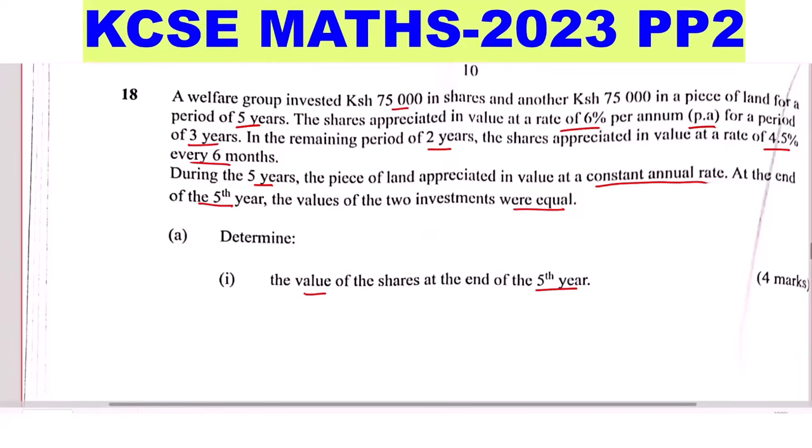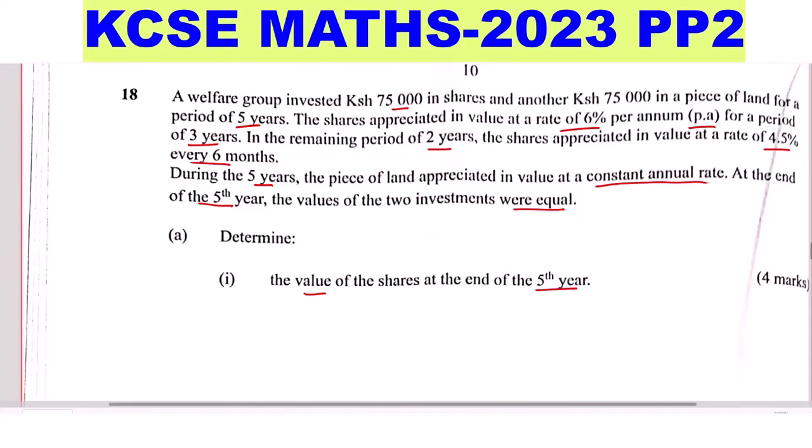We are given the rate of appreciation: the shares appreciated in value at the rate of 6% per annum for a period of 3 years. Then the next 2 years, the shares appreciated at the rate of 4.5%. So let us first get the amount after 3 years.